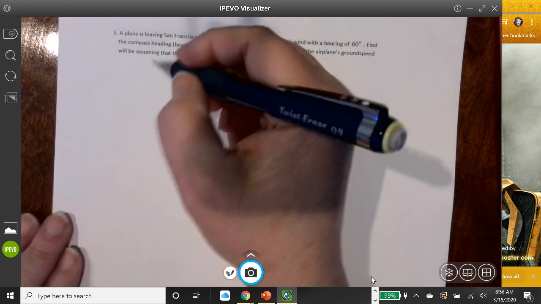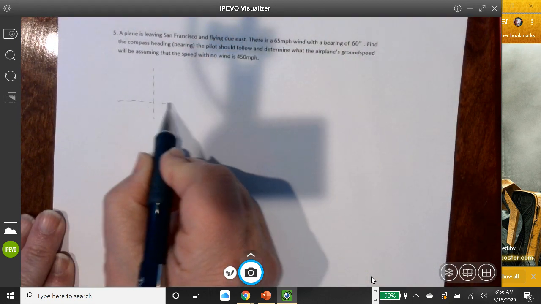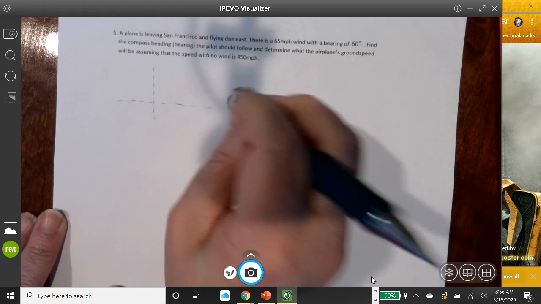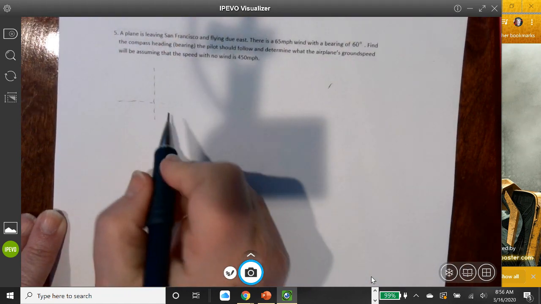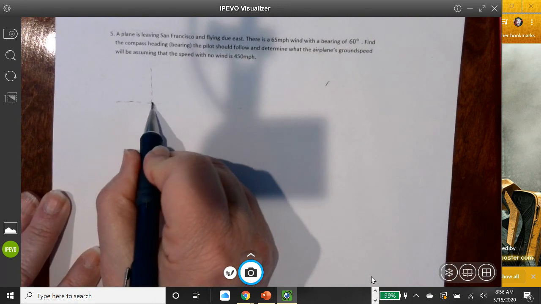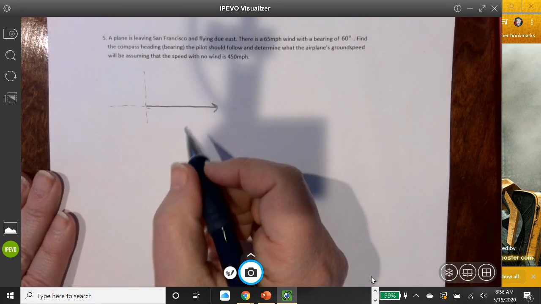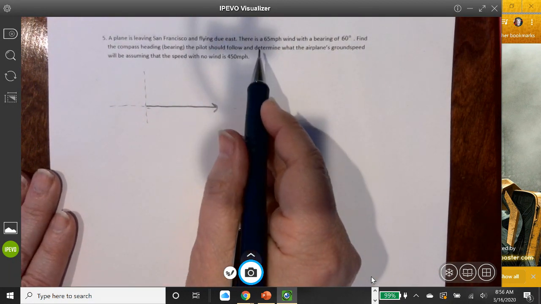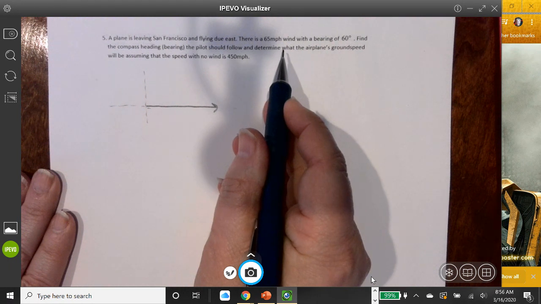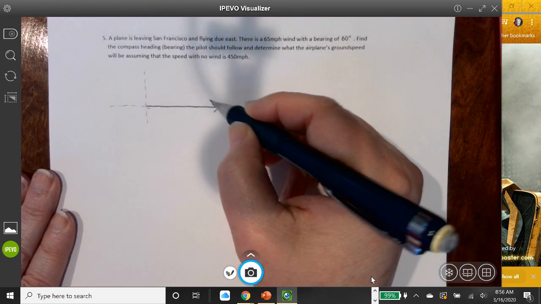Okay, so this is an interesting question because they're telling you what the pilot is flying. So the pilot is flying due east. So due east means this. I'm going due east. There's a 65 mile an hour wind with a bearing of 60 degrees that pushes him there.